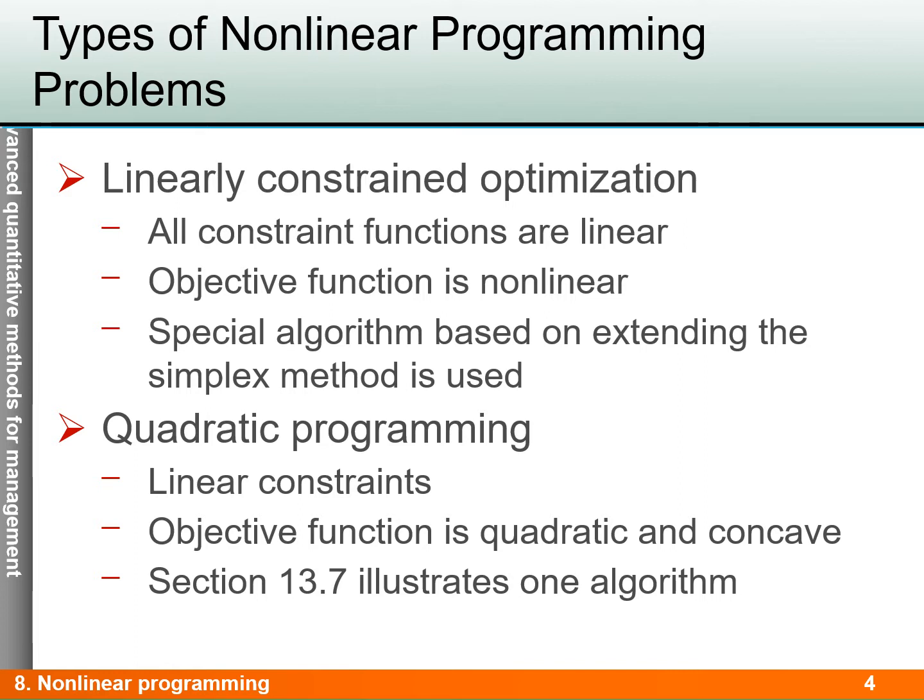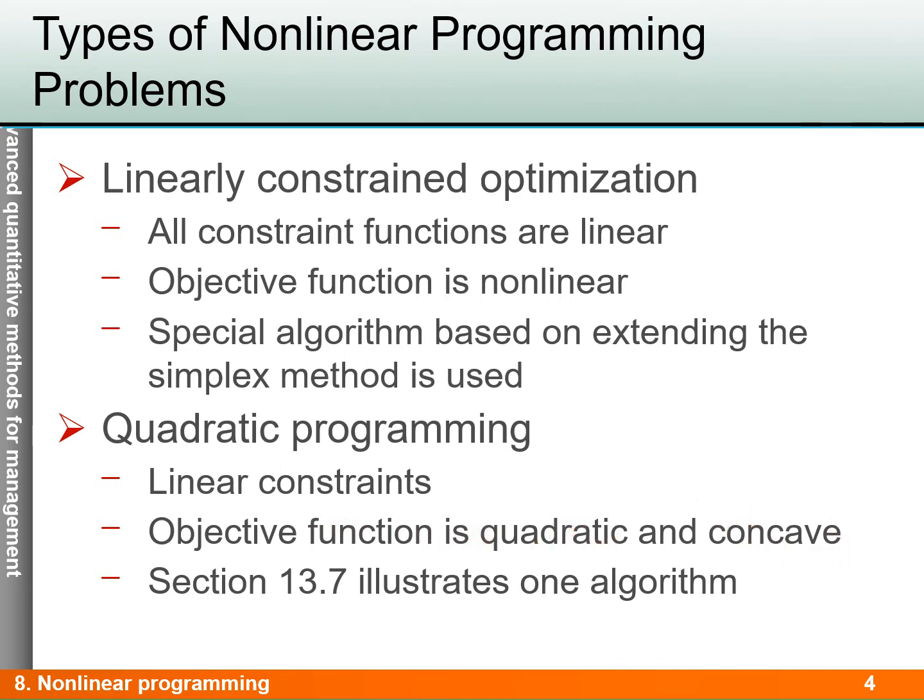The other type of nonlinear programming is a type that we name quadratic programming. Quadratic programming has a similarity with linearly constrained optimization, as you see here, it has linear constraints, but with one difference. It is a special form of linearly constrained optimization where the objective function should be quadratic and concave.